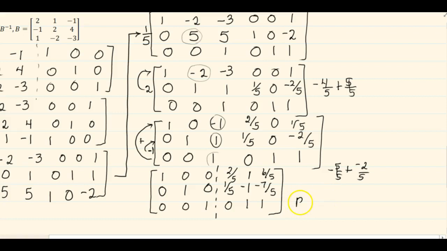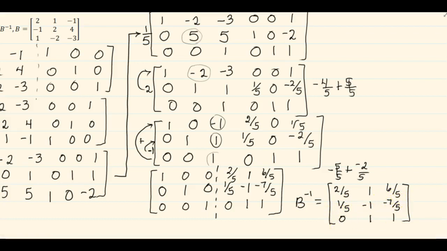So the inverse matrix of B is this 3 by 3 matrix of 2/5, 1, 6/5, 1/5, -1, -7/5, 0, 1, 1.